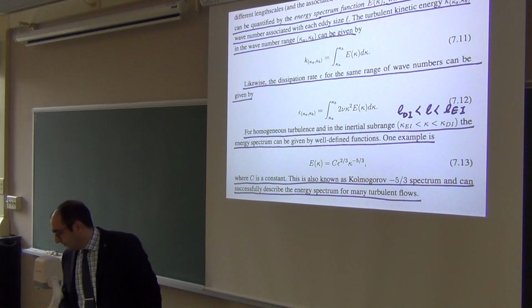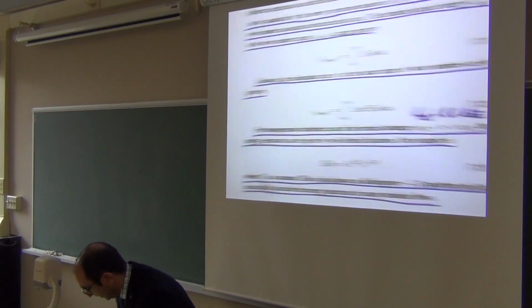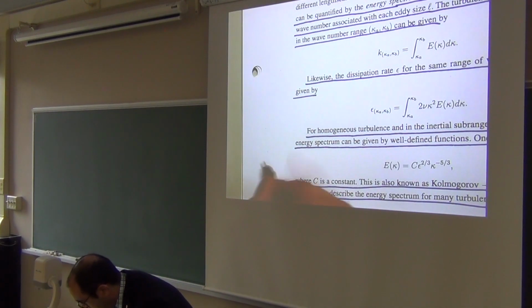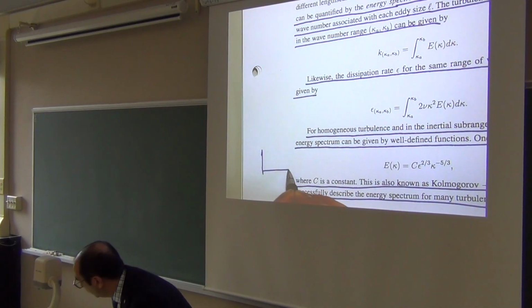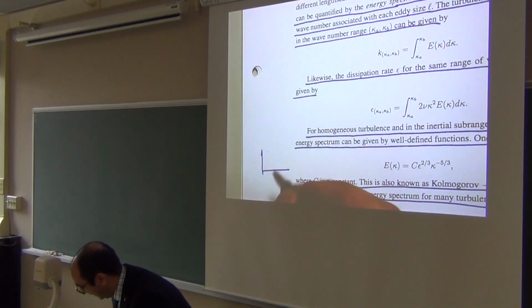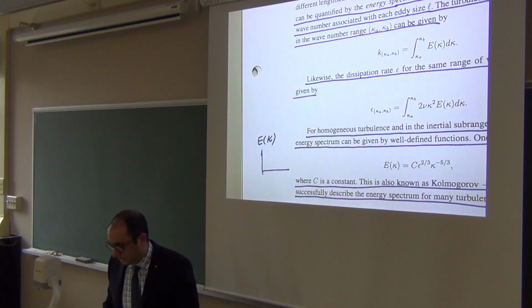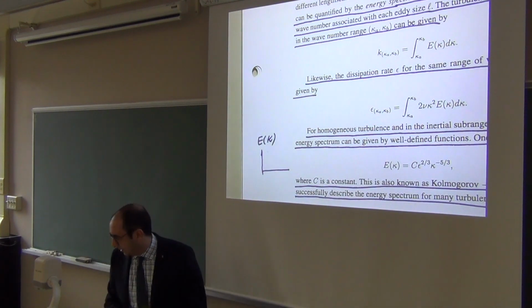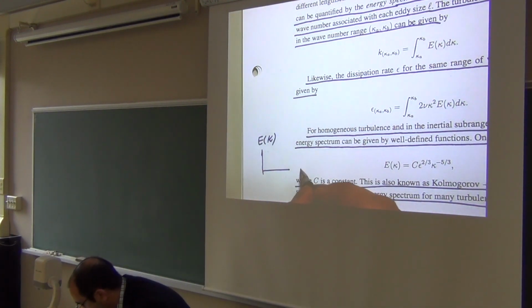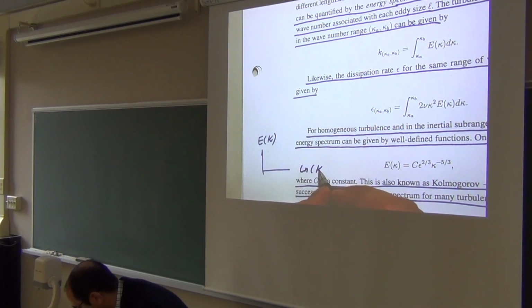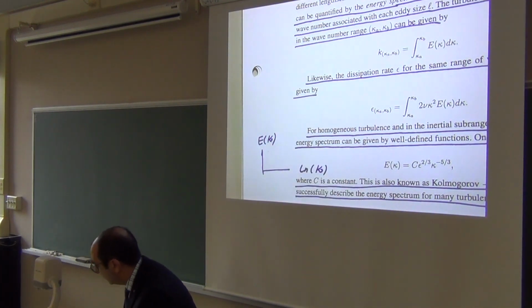Okay, and if you want, I can show you pictorially. Well, it means that if you plotted energy spectrum, which is E kappa versus the ln or log of kappa, you get some shape.